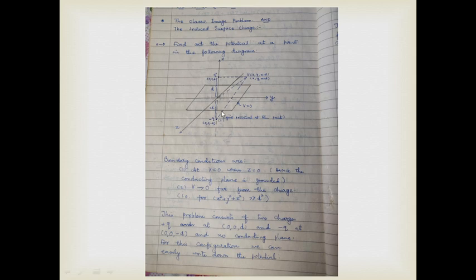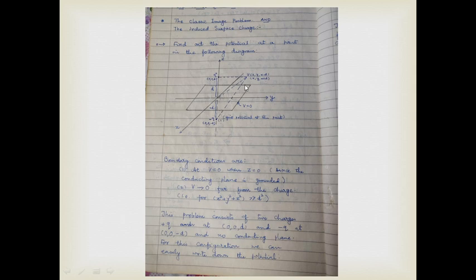The same problem is here. There is a charge plus q, and a point P is taken. What is the distance from the plus q to that point? It is x minus 0, that is the x coordinate, y minus 0, that is the y coordinate, and z minus d is going to be the z coordinate.